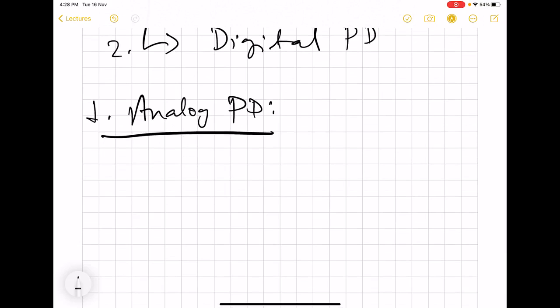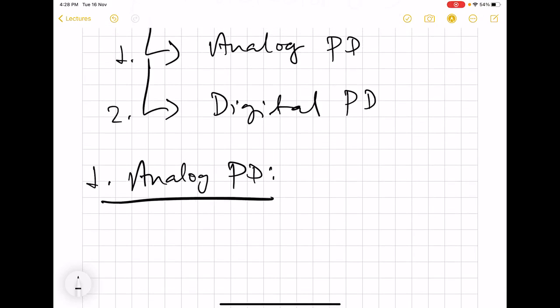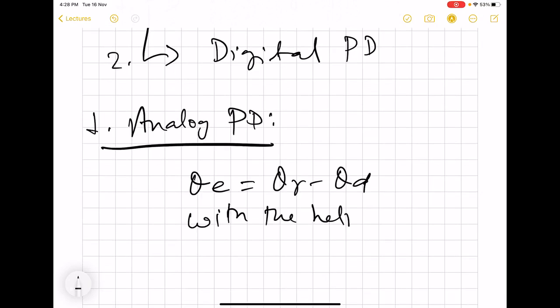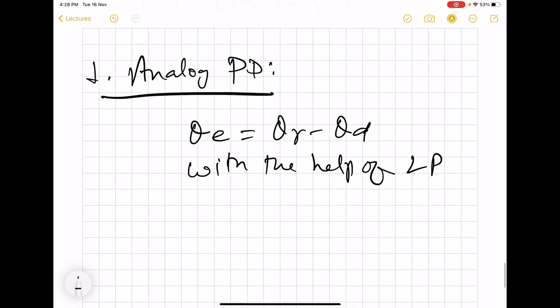So whatever may be the way of implementing this phase detector, ultimately what we want is error signal, phase error signal given by this equation, and finally with the help of loop filter, this equation gets converted into this form. That means a voltage proportional to the phase error.